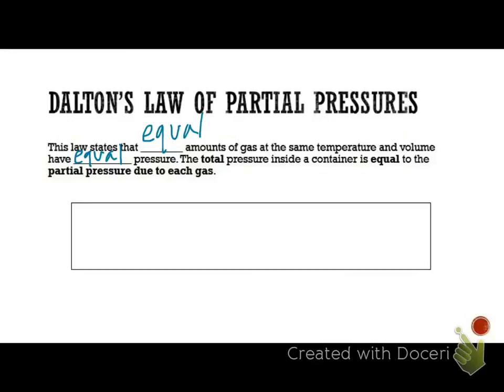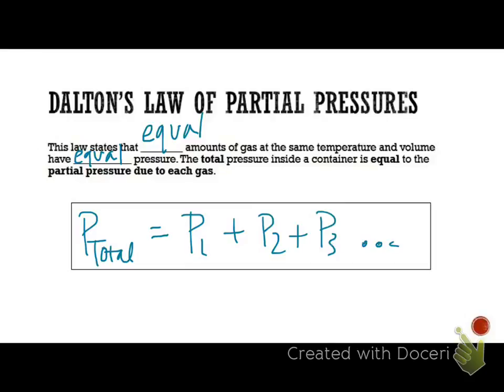Okay, so it states that the total pressure inside the container is equal to the partial pressure of each gas. So the formula looks like this. P total, P standing for pressure, is equal to P1 plus P2 plus P3 dot dot dot, meaning as many partial pressures of gas as you have, you add them together.